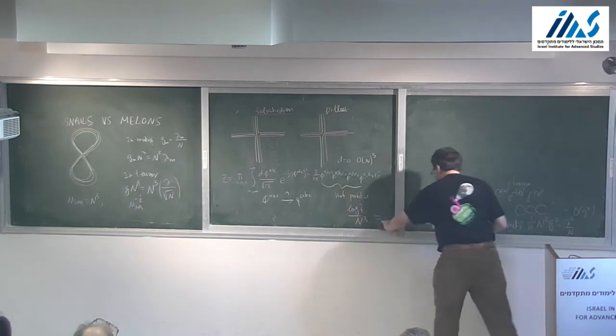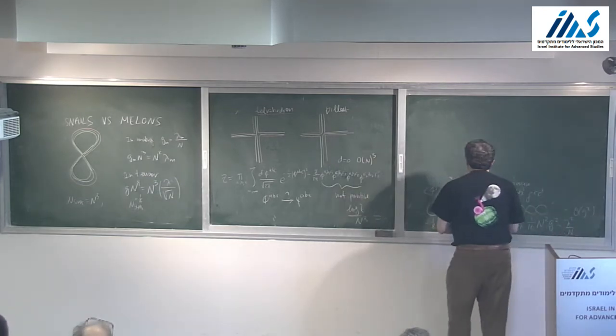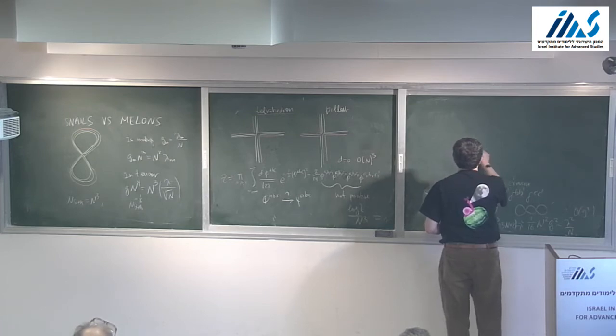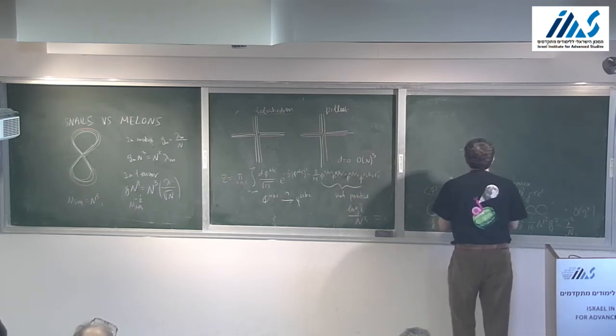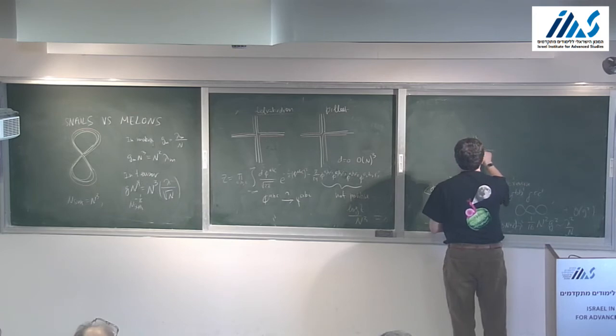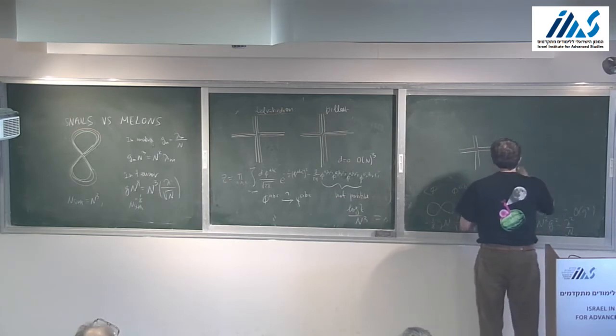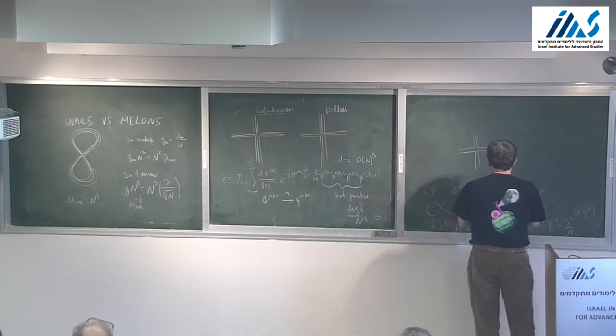Right, so this is a graph of order g squared. So let me just draw the same two vertices, and now there will be two. Okay, and here another one.